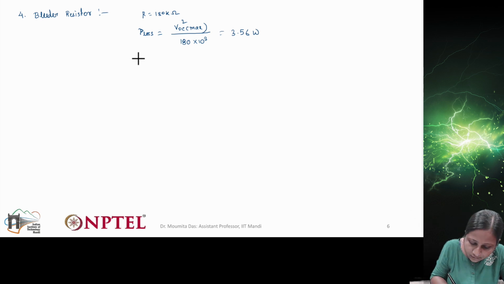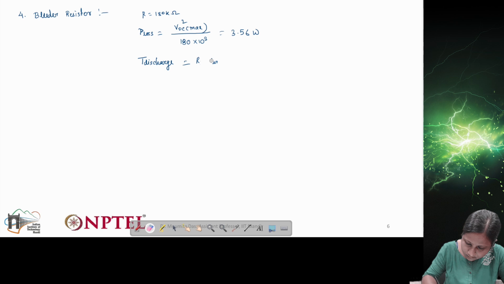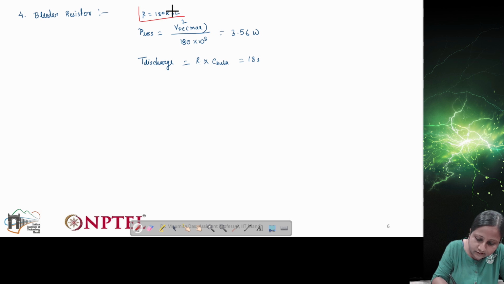Then we can find the discharge time. How can we find it? We multiply R bleeder with this C bulk. It is coming around 18 seconds. So we can select this resistance.